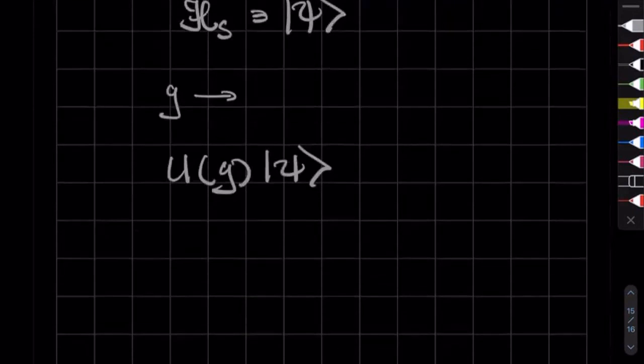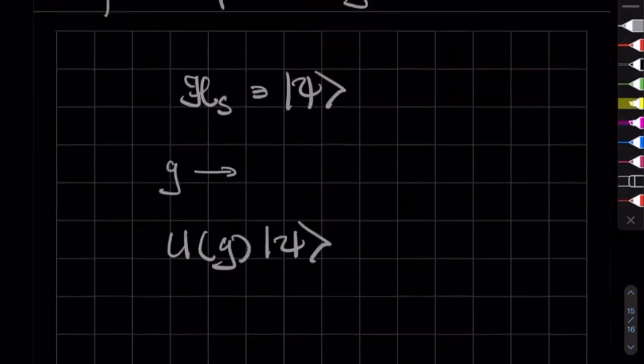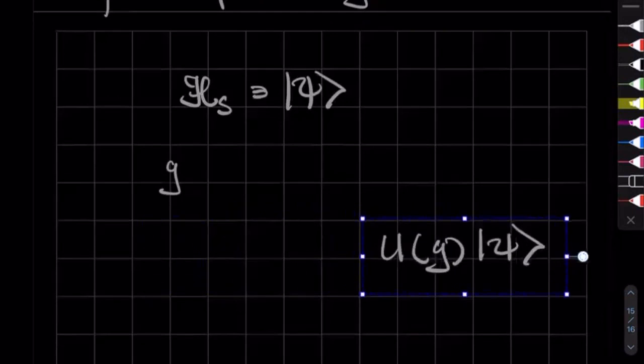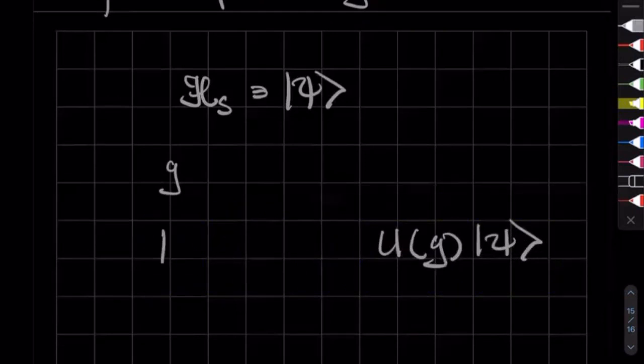So if you apply G on the system, then your state of the whole system will go from being psi to U(G) of psi.